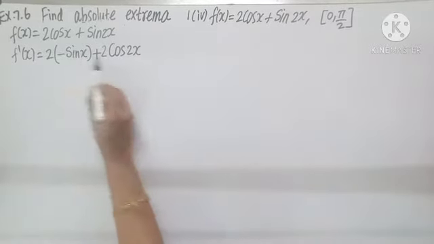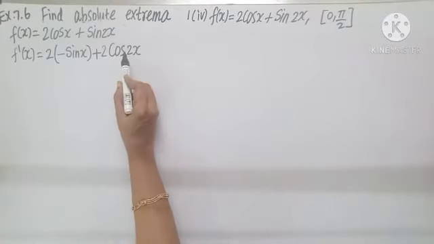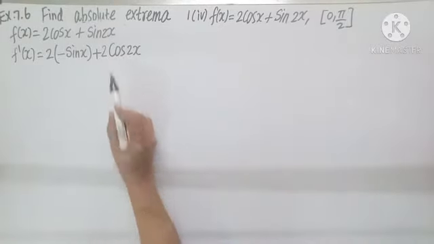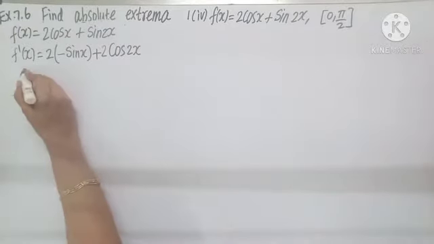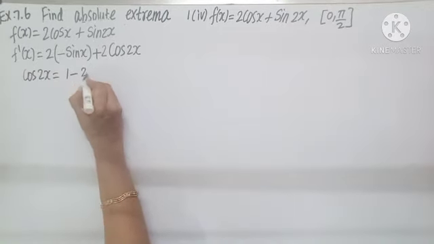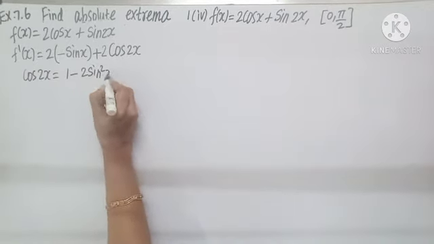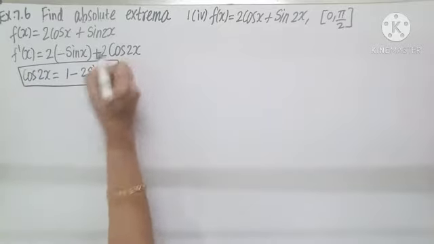Now I need to put the derivative equal to 0, for which it should be fully in terms of sine or cos, which is easy for me. Remember the trigonometry formula, cos 2x equal to 1 minus 2 sine square x. Let us substitute this formula here.